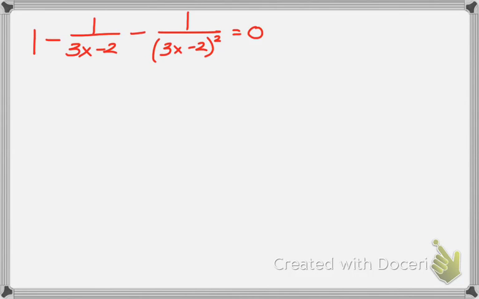So what do we need? We need 2 3x minus 2's for all of my fractions, right? Do you have to do it to the 0? No, you wouldn't really do it. The 0 would stay 0. So this is a 1 over 1. What do I need in the denominator?